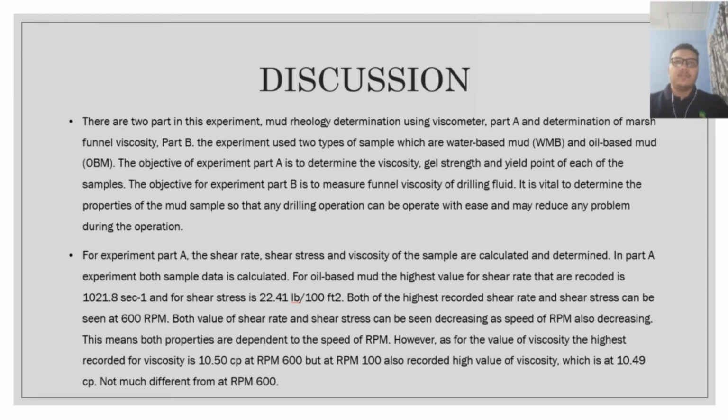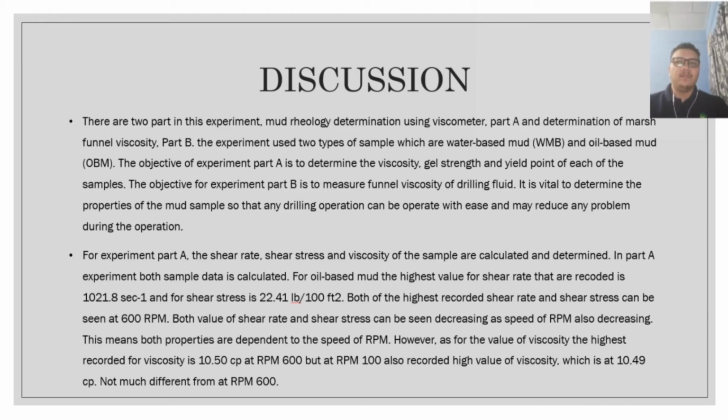So the objective of experiment part A is to determine the viscosity, gel strength, and yield point of each of the samples, and the objective for part B is to measure the funnel viscosity of drilling fluid. For experiment A, the shear rate, shear stress, and viscosity of the samples are calculated and determined. In part A, both sample data are calculated for all base mud.